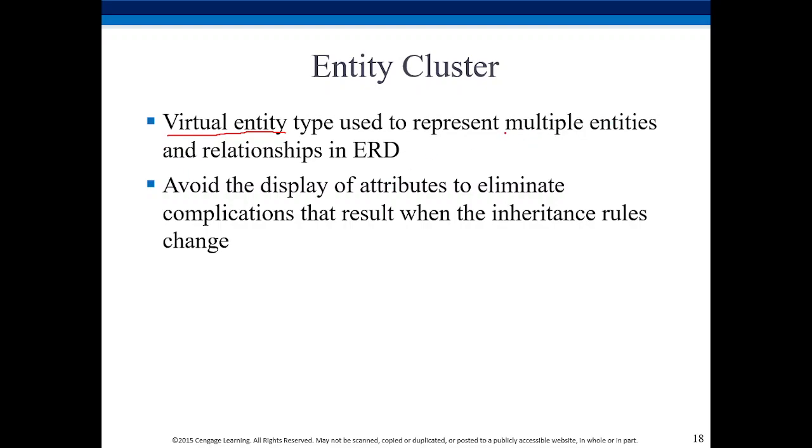A cluster contains two or more entities and relationships, which reduces the number of classes or entities present in our ERD or ERM. This can avoid the display of attributes to eliminate complications that result when the inheritance rules change.